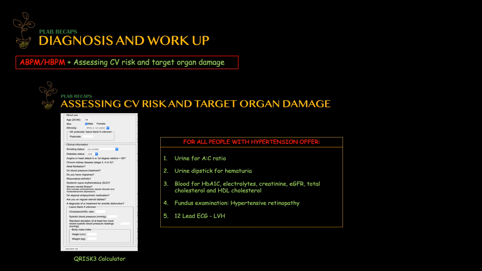Check for any damage to the eye, so a fundus examination is necessary to look for any hypertensive retinopathy. A 12-lead ECG would help in identifying any left ventricular hypertrophy secondary to hypertension. Other bloods include HbA1c, and total cholesterol, along with LDL and HDL cholesterol.